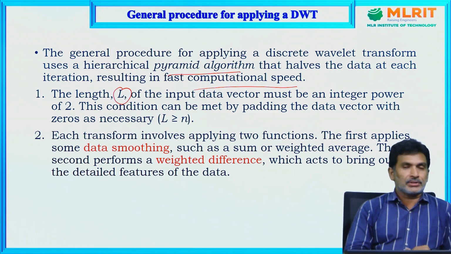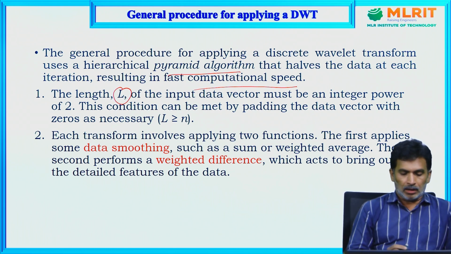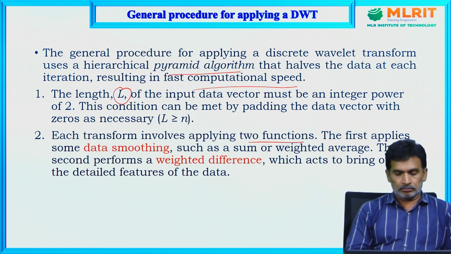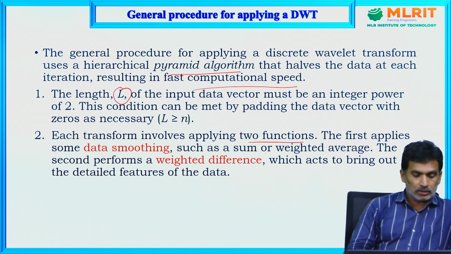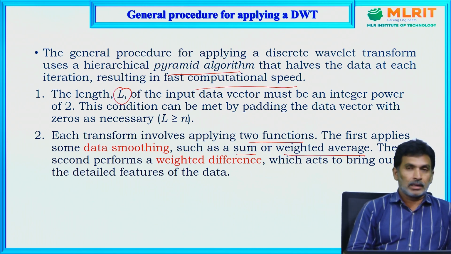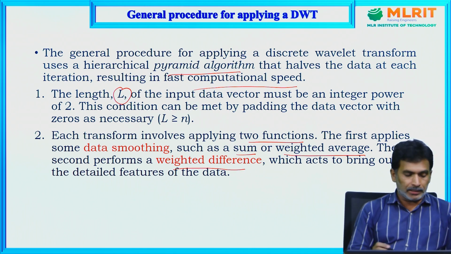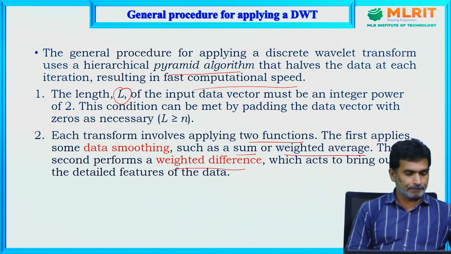Second step, each transform involves applying two functions. The first applies some data smoothing, such as a sum or a weighted average, and the second performs a weighted difference, which acts to bring out the detailed features of the data.